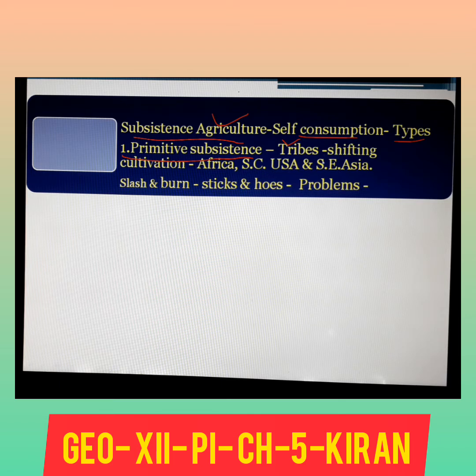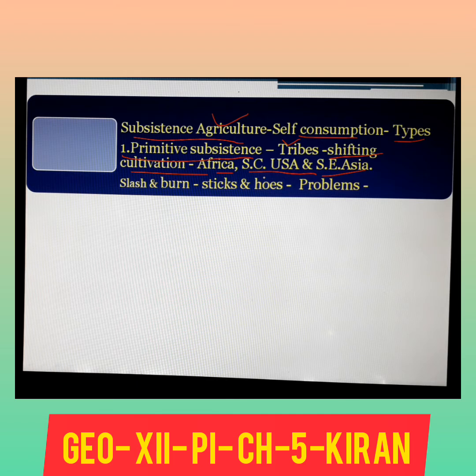Here it is also called shifting agriculture, which is practiced in Africa, South Central USA, and Southeast Asia. It is also called slash and burn agriculture because they clear the land by slashing the trees or burning the forest. Sticks and hoes are used and they cultivate the crops which they consume. They may cultivate some food grains and some vegetables.